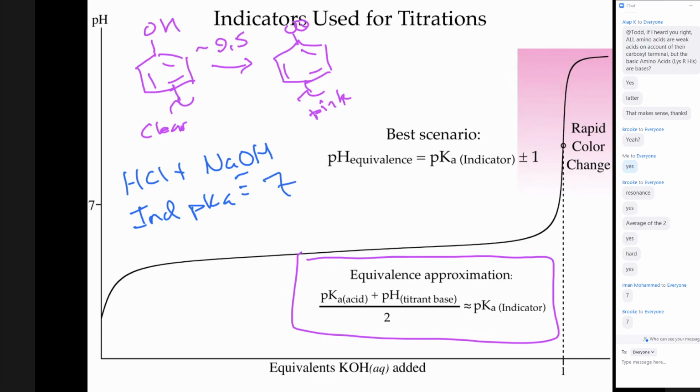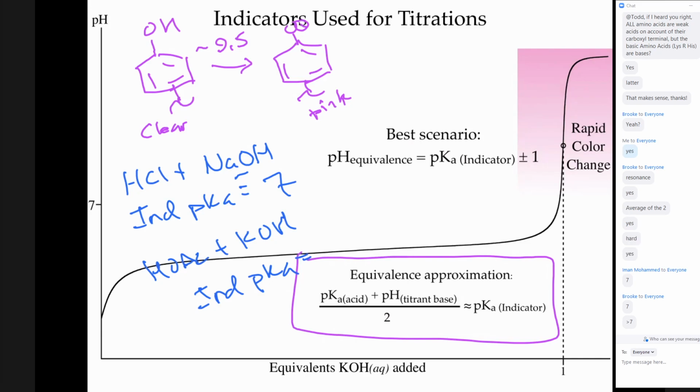Perfect, around 7. If I'm doing HOAc plus KOH, I want my indicator pK to equal... Greater than 7. Perfect. Why do you say that?